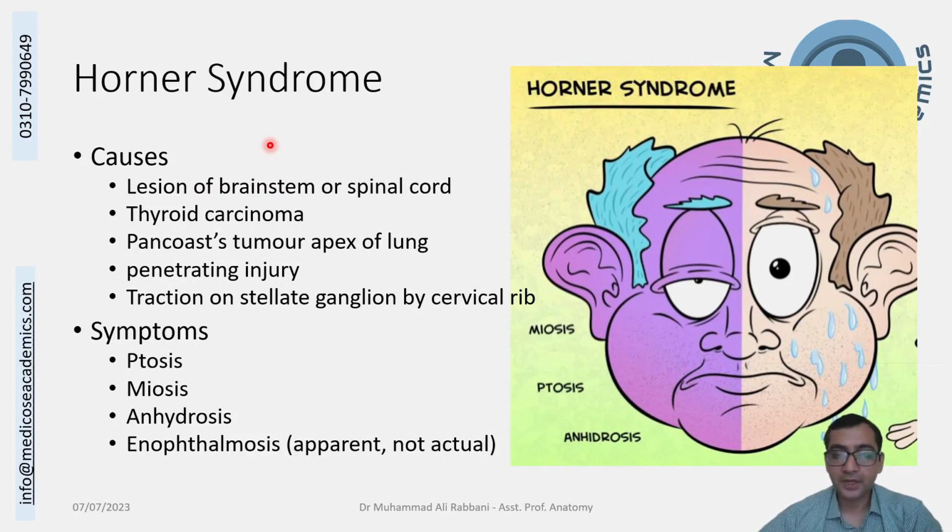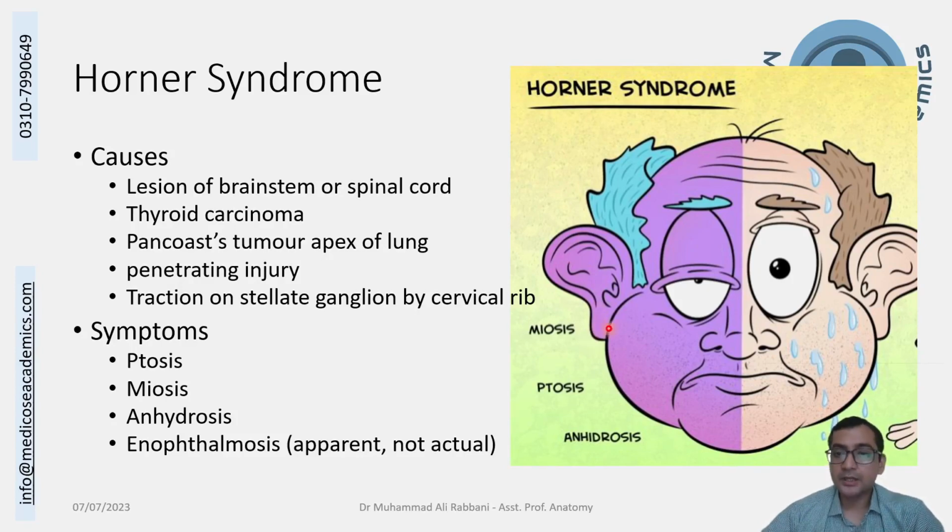Thyroid carcinoma, Pancoast tumor of the apex of the lung, and penetrating injury may directly affect the sympathetic chain that is running on each side of the vertebral column. And even a cervical rib may cause traction on the chain.